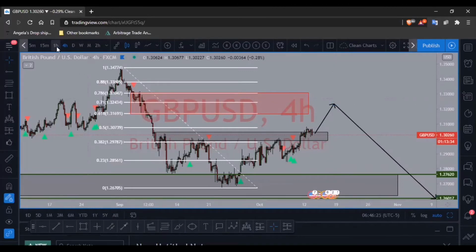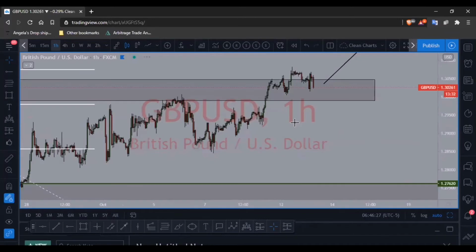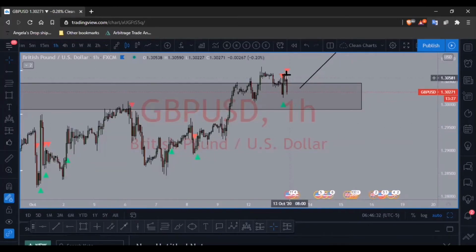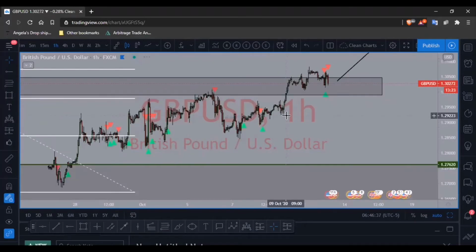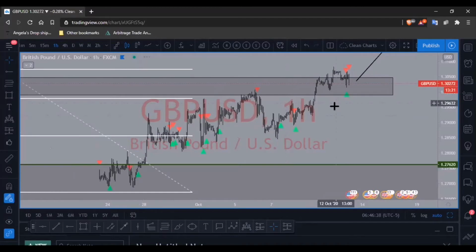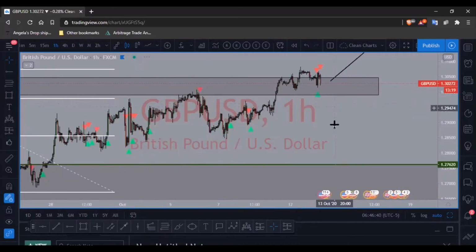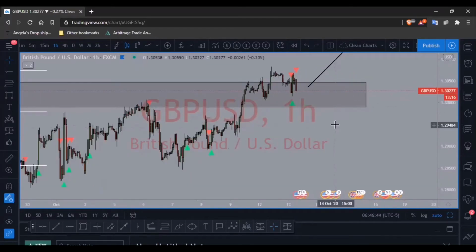Just going to the 1 hour time frame real quick just to see what arbitrage is looking to try to sell this. Yeah, right now it did give that sell call. But again, I'm not really too crazy over selling GU. I mean, I'm selling EU and I'm selling AU, so you would think that I want to sell GU, right? But not necessarily.